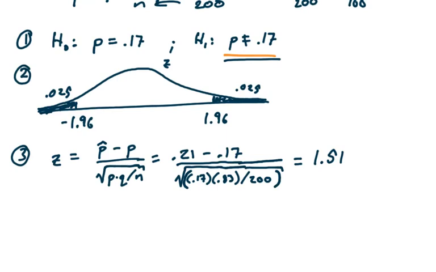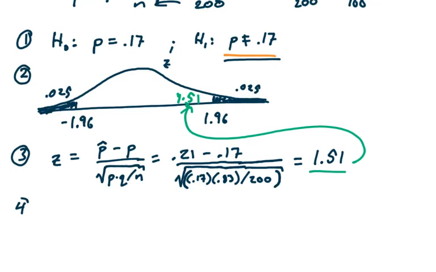Let's see where that falls. The picture doesn't have to be super accurate, but it is right here, 1.51. It's lower than 1.96, so it falls outside of our critical region, our rejection region.